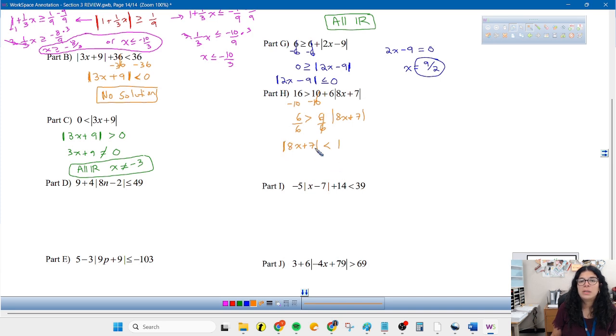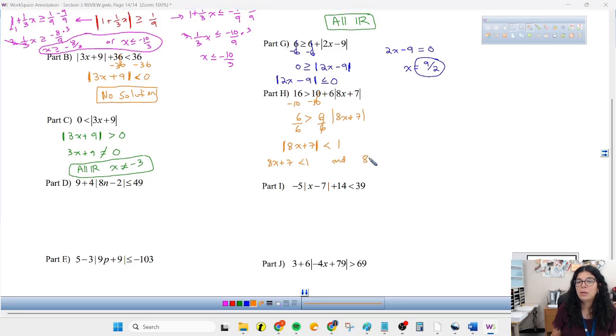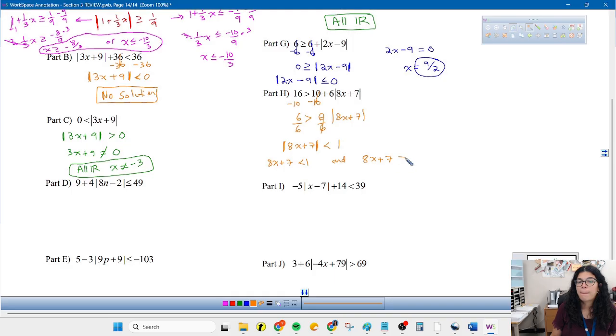So the distance is smaller than 1, well, as long as whatever's inside of this absolute value is less than 1 and it's bigger than -1, because all of those numbers in between -1 and 1 will have a distance of smaller than 1.